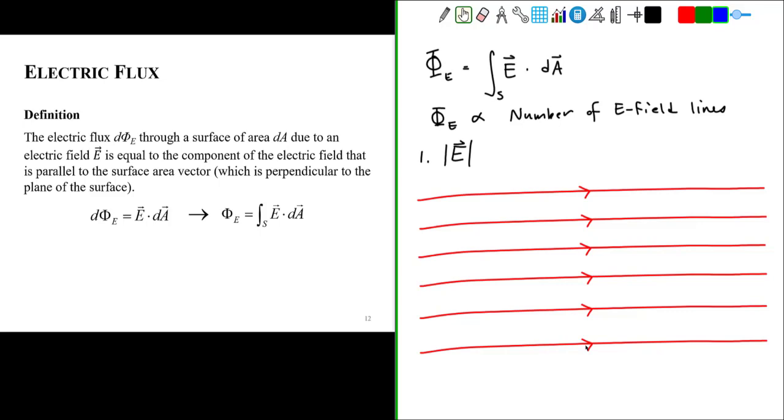Let's look at a surface oriented like so. This surface is described by an area vector that is normal to the surface. Notice that there are 5 electric field lines passing through that surface, and notice that the electric field is also parallel to the area vector.